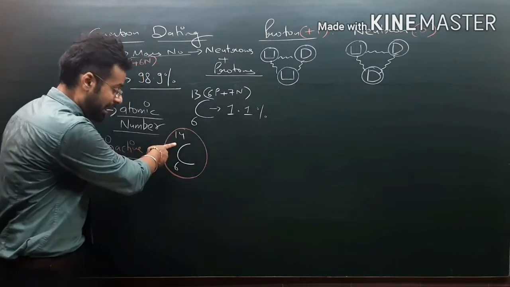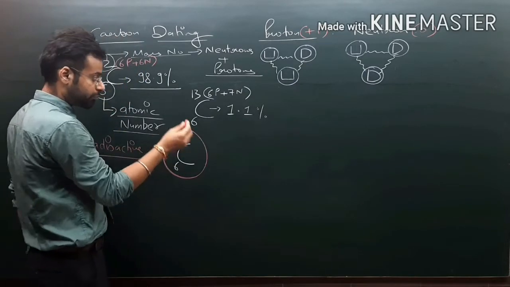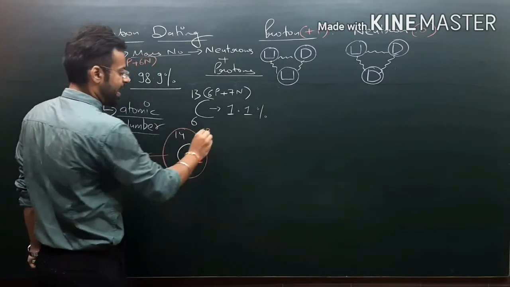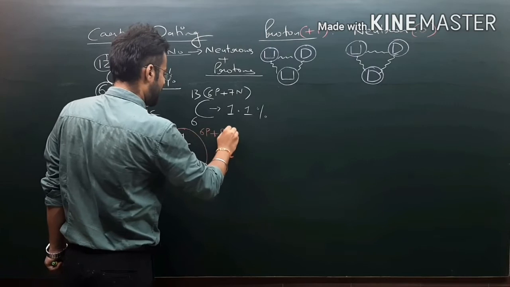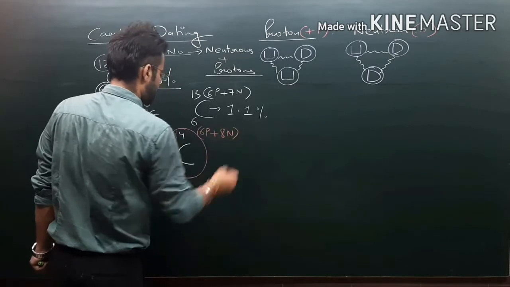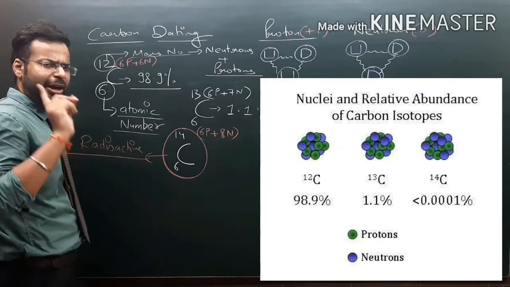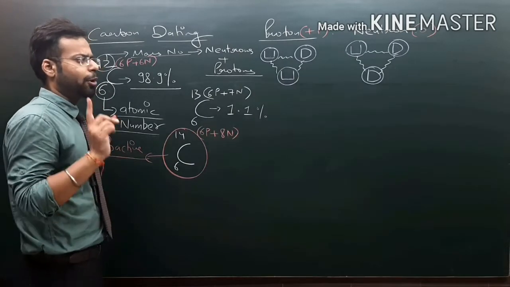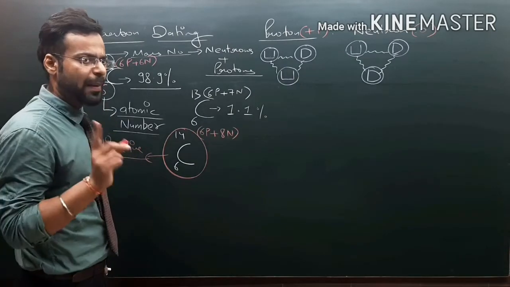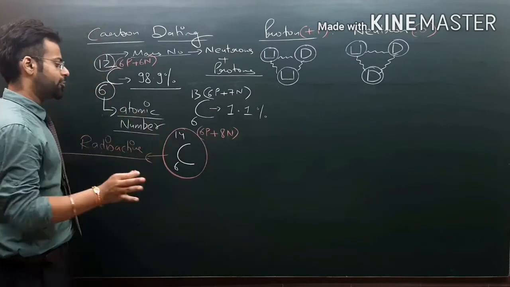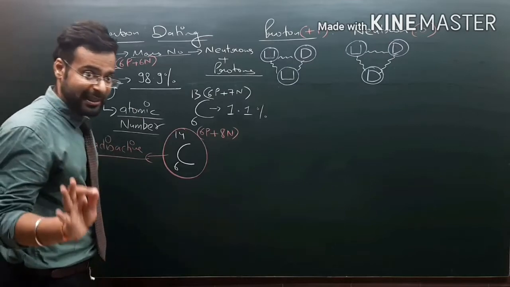Carbon 14 is radioactive. It has 6 protons, of course, because it's a carbon, and the remaining 8 are neutrons. It is present in very, very trace amounts, approximately 1 part per trillion in the atmosphere.